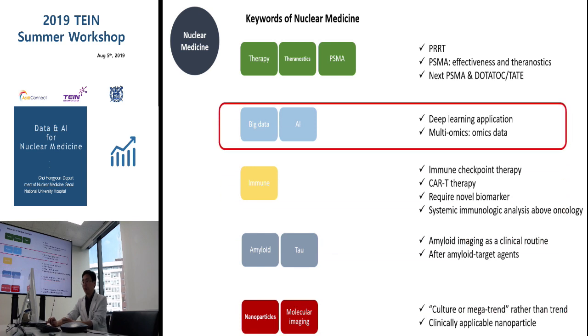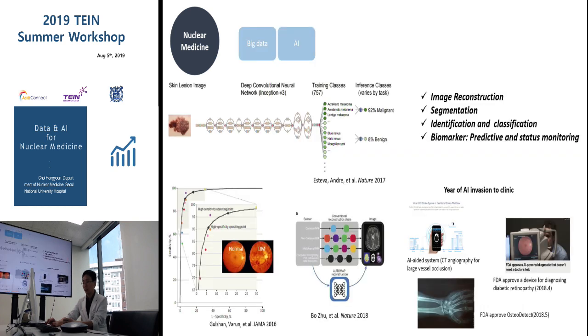And I'd like to share some of my ideas on big data and artificial intelligence. Actually, artificial intelligence and big data affect all domains of the medical field. For example, this is one of the first medical papers to which deep learning was applied.